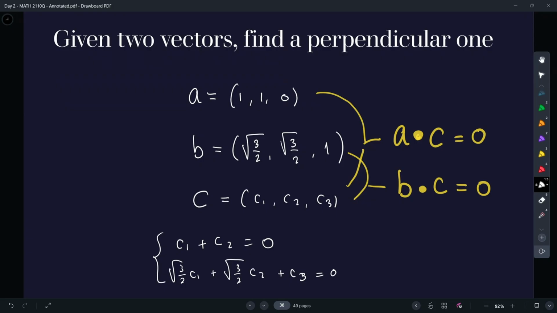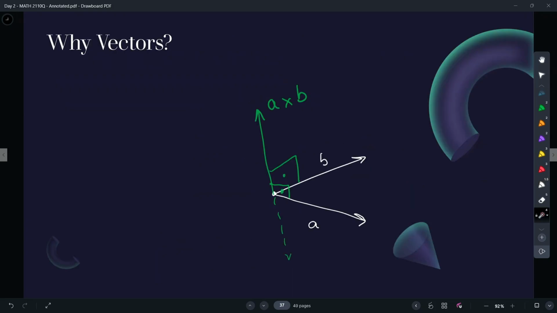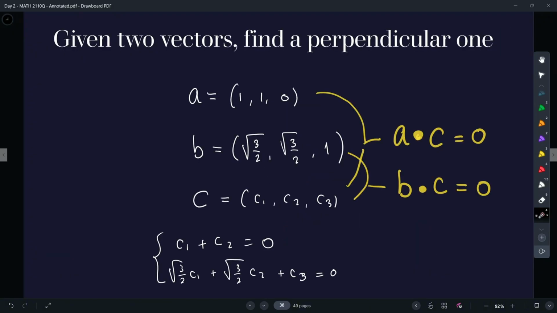I have 3 variables and 2 equations. I can solve for one variable, put it in the other equation, and figure out the solution of the system. There are going to be infinitely many solutions, because if you look at the picture, any vector in this direction is going to be a solution. So I was expecting there would be infinitely many solutions. The cross product is going to give me one that you'll see has a very special length and very special direction.